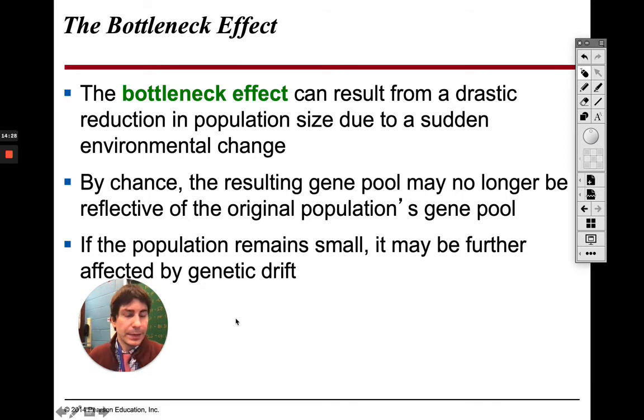All right, next one, bottleneck effect. So we have a population size, and then it decreases a lot. What happens is, in the end, we can have no variation left in that population. So what will happen is, when we had that original population, it was very big.